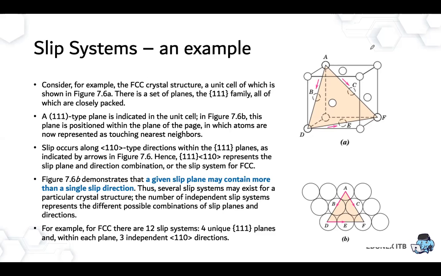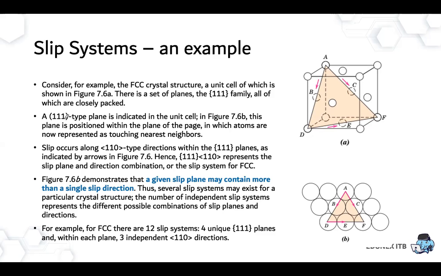This all the close packing. So this is the plane for 111. Remember how to find the crystal plane. This is sliced through the points A, D, and F, and if we slice them and put it like this, it looks like this. So this is the most dense plane in FCC.